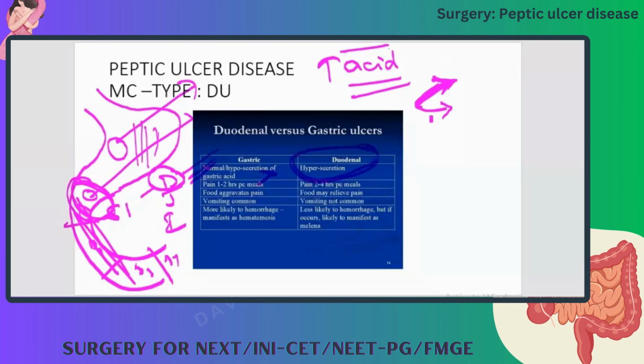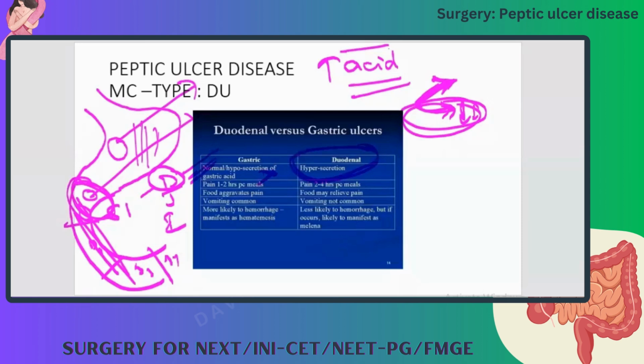If these defenses are lost, gastric ulcers will be present. That is the major difference. Duodenal ulcer is due to acid hypersecretion, and gastric ulcers are due to loss of the defensive mechanisms that prevent ulcer formation.